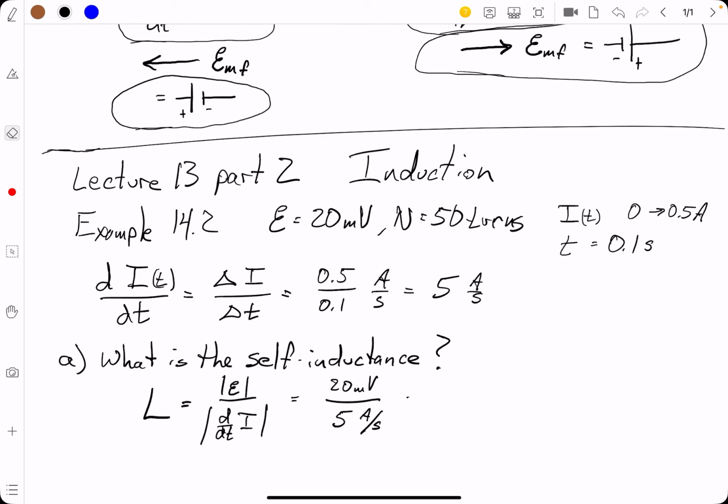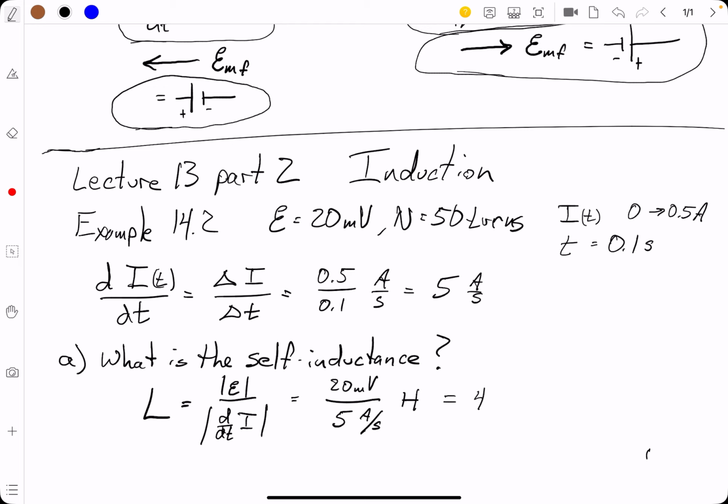And of course, well, let's put our units on there. We need to have units. So that's going to give us henries, right? So our volts seconds per amp is a henry. And what is that going to leave us with? 20 divided by 5 is 4.